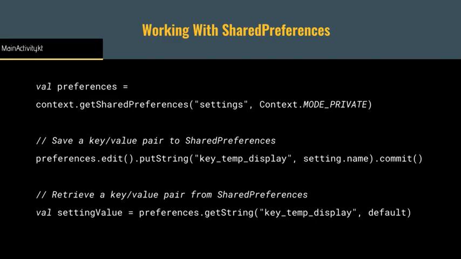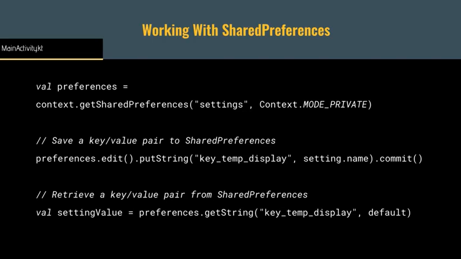We've called putString, and we pass in a key, this time the key temp display, and then we've passed in a value. In this case, I'm passing in setting.name. And then once I've added all the data I want to add in this transaction, I call commit, or you could call apply. Either one will work.